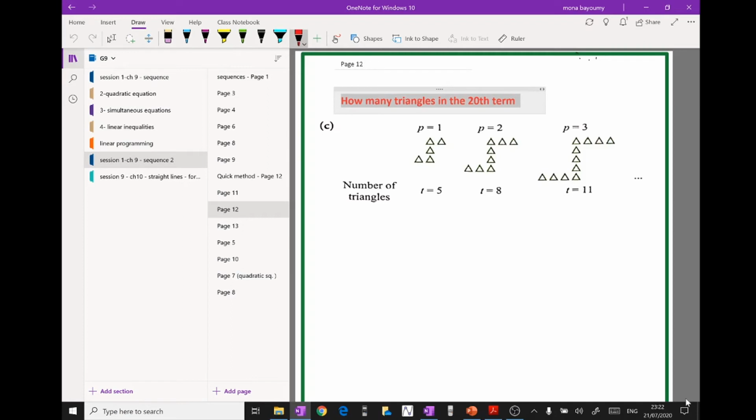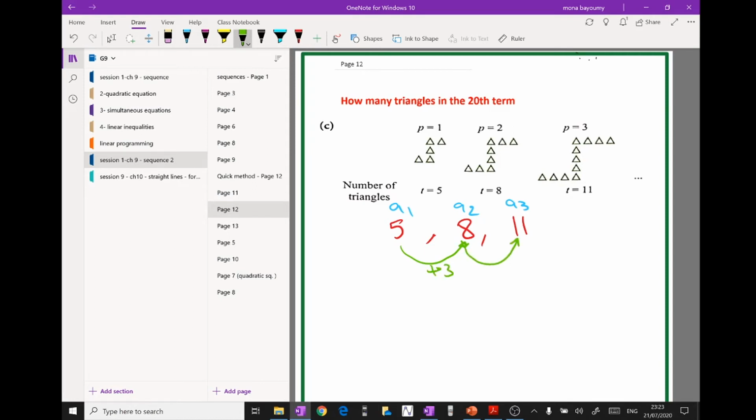The sequence is 5, 8, 11. 5 is the first term, 8 is the second term, 11 is the third term. Okay, now we have to find the common difference. 8 minus 5 is positive 3. 11 minus 8 is positive 3.